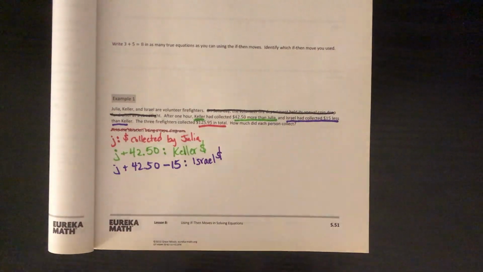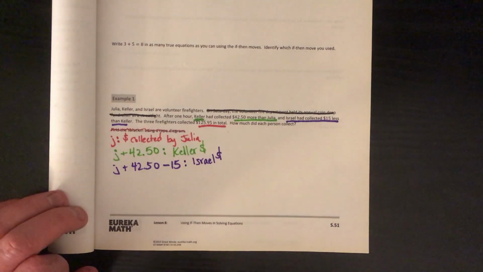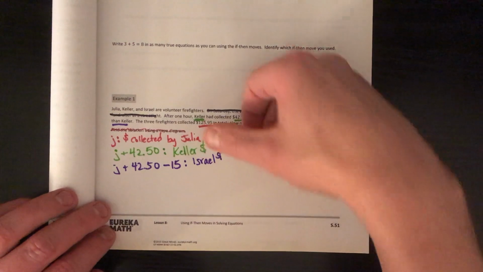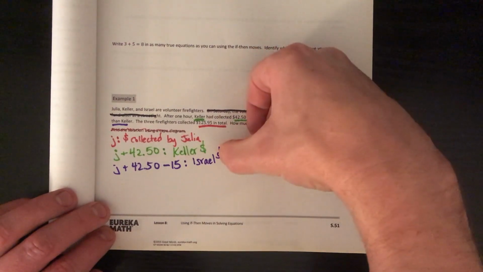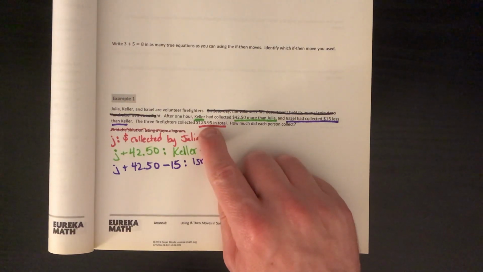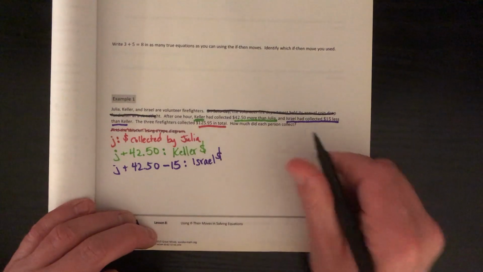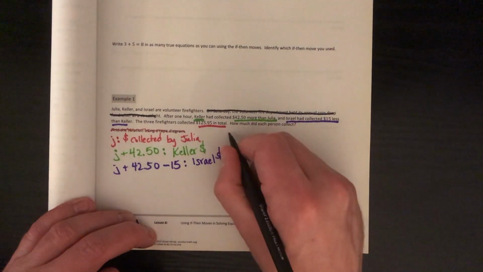All right, and now it says the total they collected is $125.95. So if I add these three expressions for how much Julia made, how much Keller made, how much Israel made, and set them equal to $125.95, I've got the equation I need. I'm going to try to write this relatively small and efficiently up here.